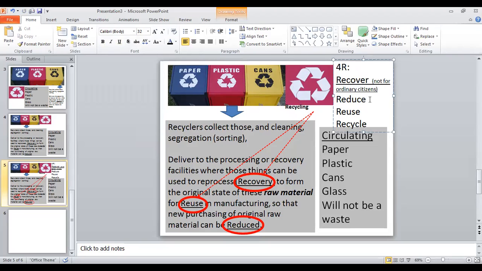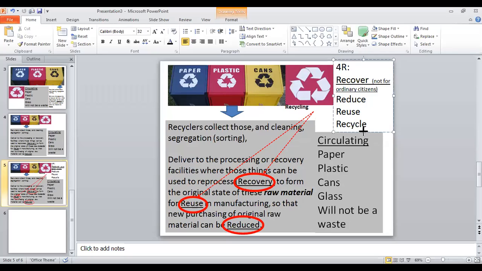Even a grade student, they can do this. Reuse, even in the house, okay, we can do this. Recycle. In some cases we can do this even at our domestic levels. This reduce, reuse, and recycle. So this 3R is generally viable for ordinary citizens.